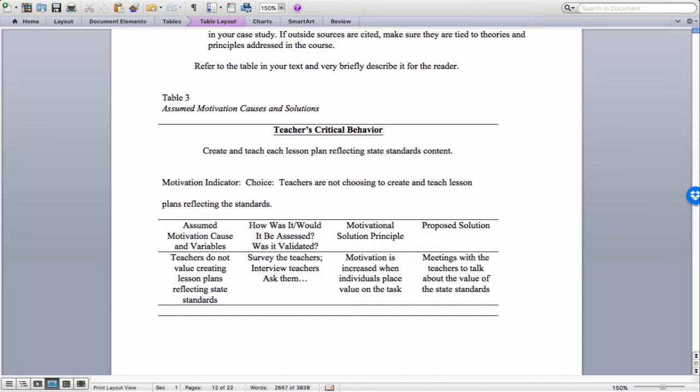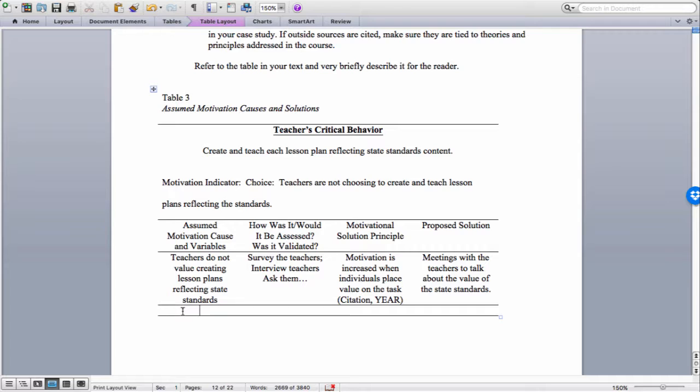Now I'm doing this on the fly here, so you want to put the principle and then the citation for that principle, which I'm not quoting it directly with the year, so I'm going to leave that blank. But you get the idea here of creating the proposed solution along with the principle, just as you did in knowledge. Okay, and then you go on to the next one.